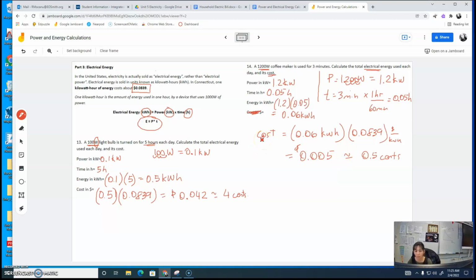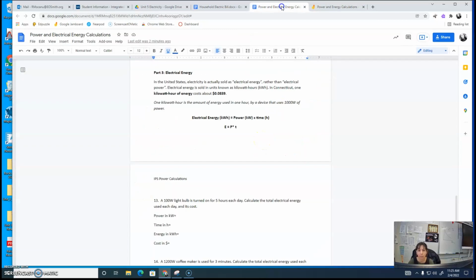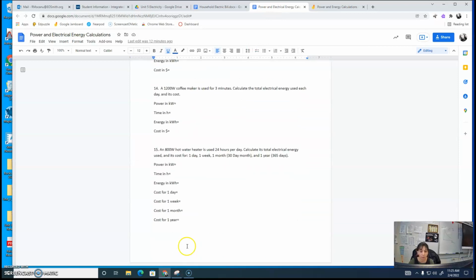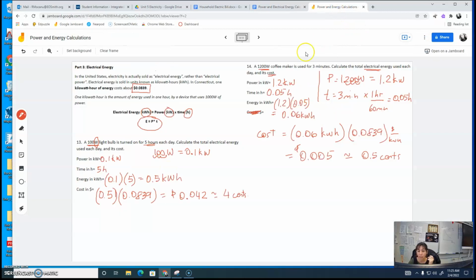Now, in further problems down in this assignment, particularly, let's see, problem number 15, it's asking you to calculate the cost for a day, for a week, for a month, and for a year. You basically would follow the exact same line of thinking that we did over here.